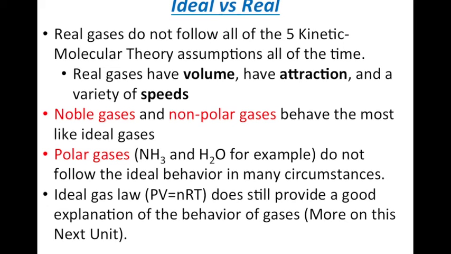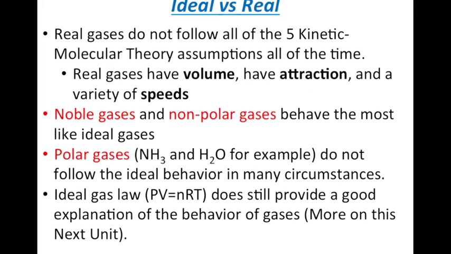The ideal gas law, which you might have heard before, we call it PIVNERT, given this acronym. This is the equation. We will look at this more in the next unit, but it does still provide a good explanation of the behavior of real gases, even though they don't behave as ideally as we assume they do in the kinetic molecular theory.